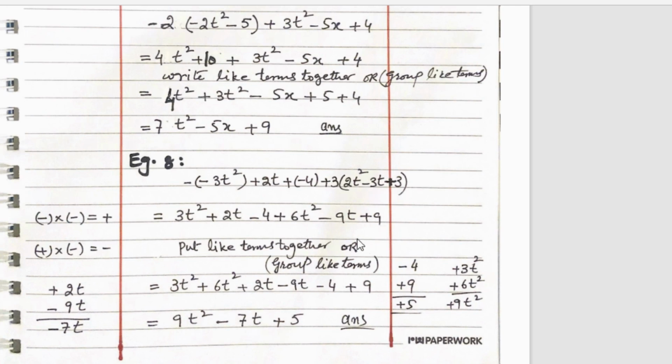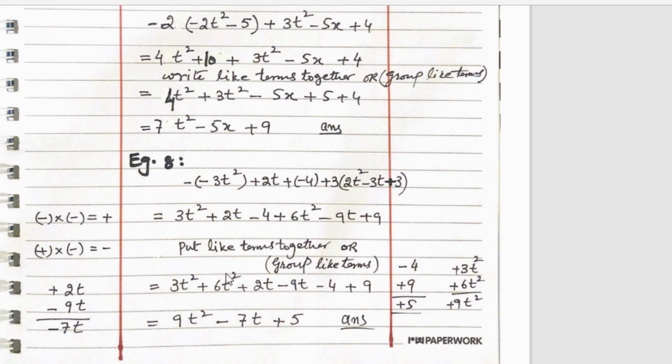This way you will open the bracket with a number which is written outside a bracket consisting of more than one term. This bracket consists of more than one term, that is why we will multiply this 3 which is written outside the bracket with all the terms inside.